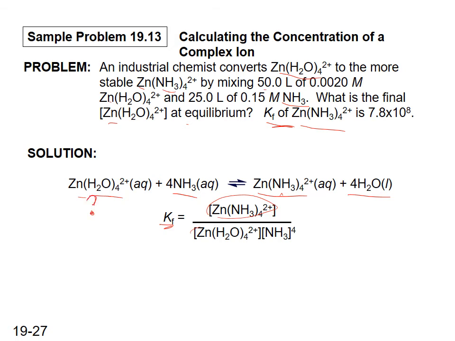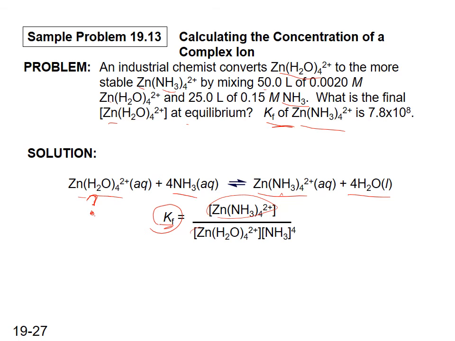To calculate the equilibrium concentration, we know we need to list a reaction table. We need to know the initial concentration, and we assume the change, so we can solve the change using Kf, and then we can calculate the equilibrium concentration. But do we have the initial concentration?